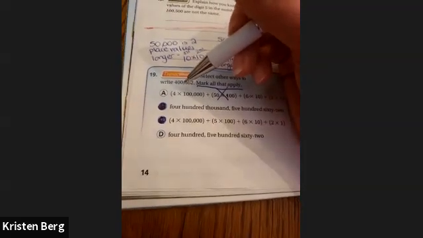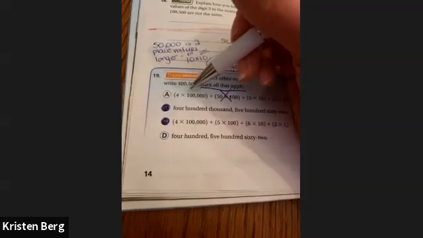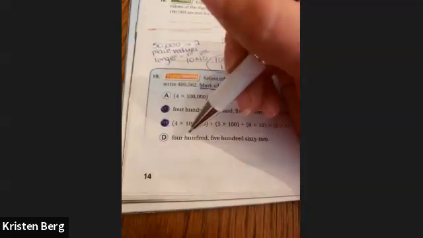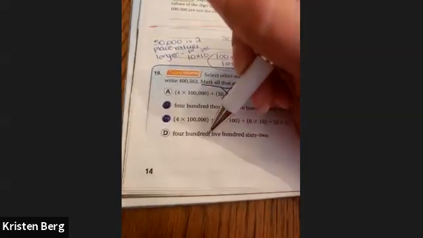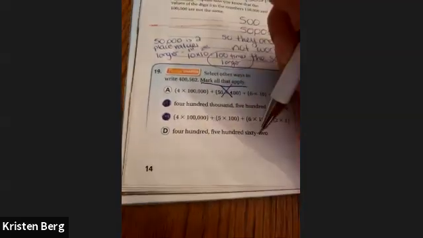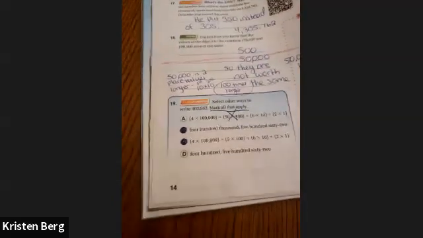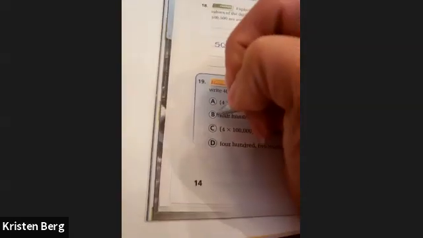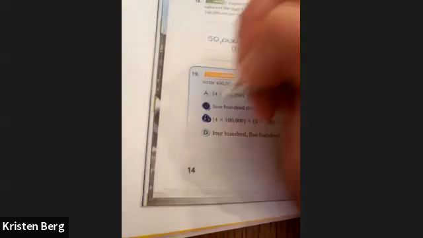Yeah, it is 400, but they forgot to say what place it's in. It is not just 400, comma, it is 400,000. So they forgot the thousand here, then 562. So that one is not right because they did not say that part. So if you were doing this correctly, it should have been A and B.